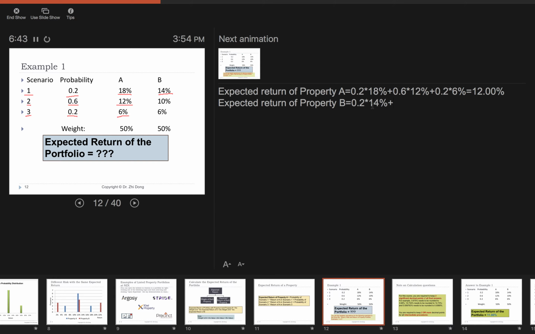Then plus the second market scenario, 0.6, following the same process as for property A. Second market scenario, property B, 10% return, so we just input 10% over here. Then plus probability of 0.2 times property B's return under the last market scenario, 6%.